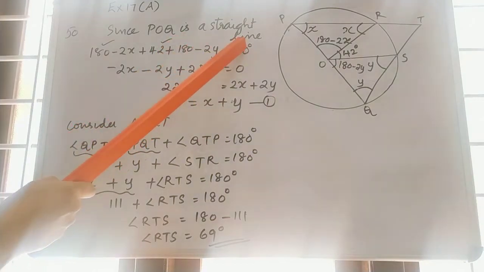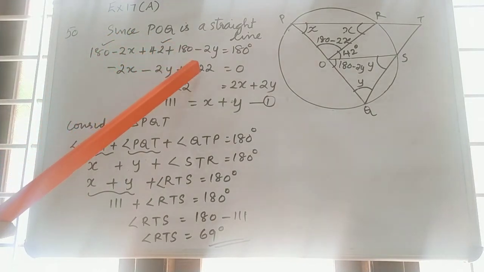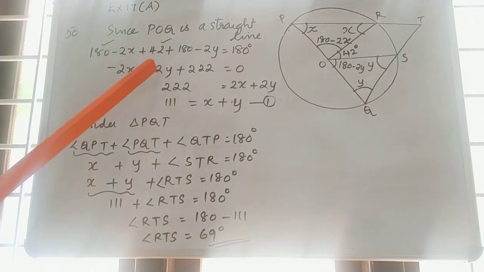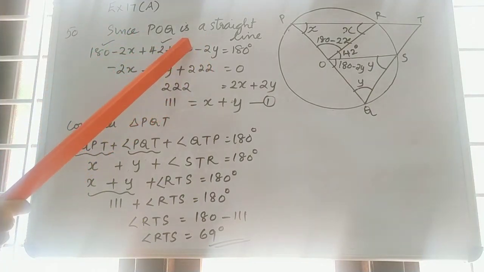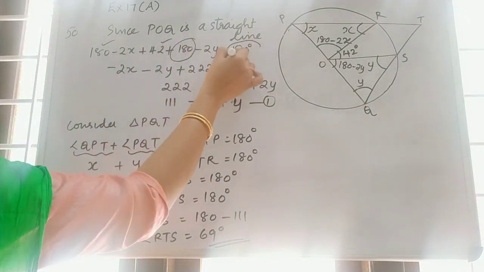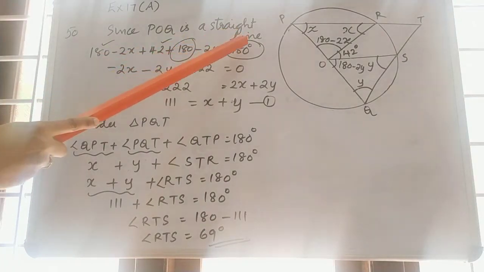So this 180 and this 180 will cancel. 180 plus 42 is 222 minus 2x minus 2y, equal to 0.